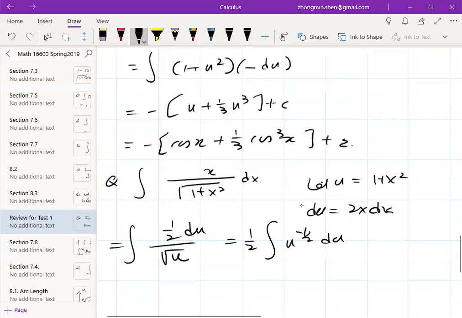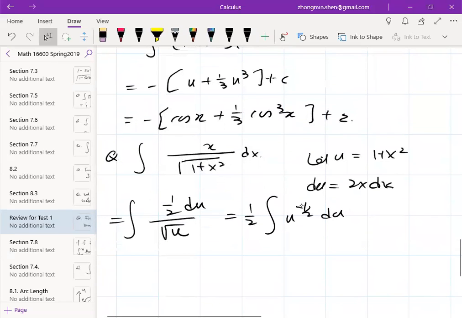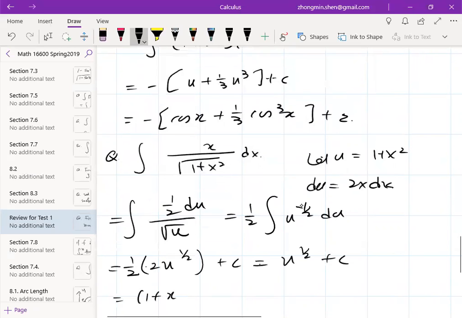Let's express it as a power function. Then the antiderivative of this is 2 times u to the 1/2. When you differentiate, you get u to the negative 1/2. And that's it, plus the constant. What is u? It is 1 plus x squared to the 1/2, plus constant.